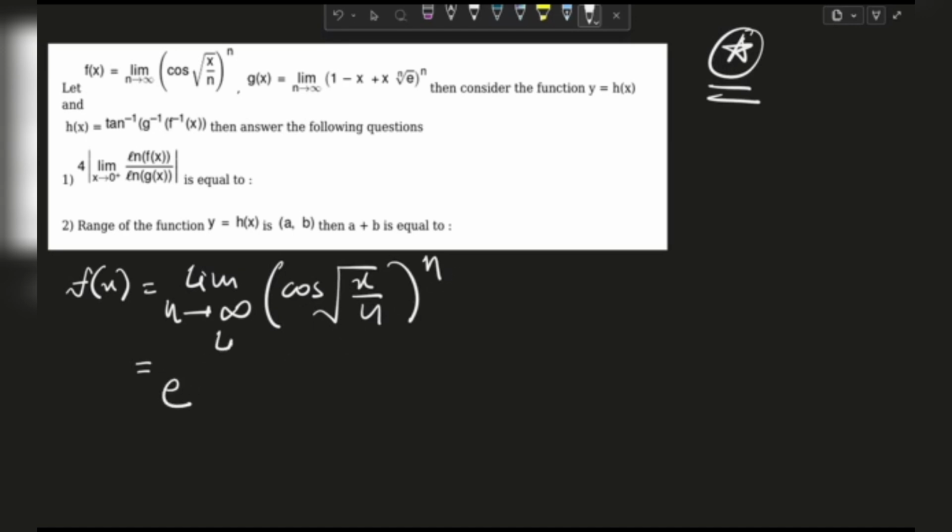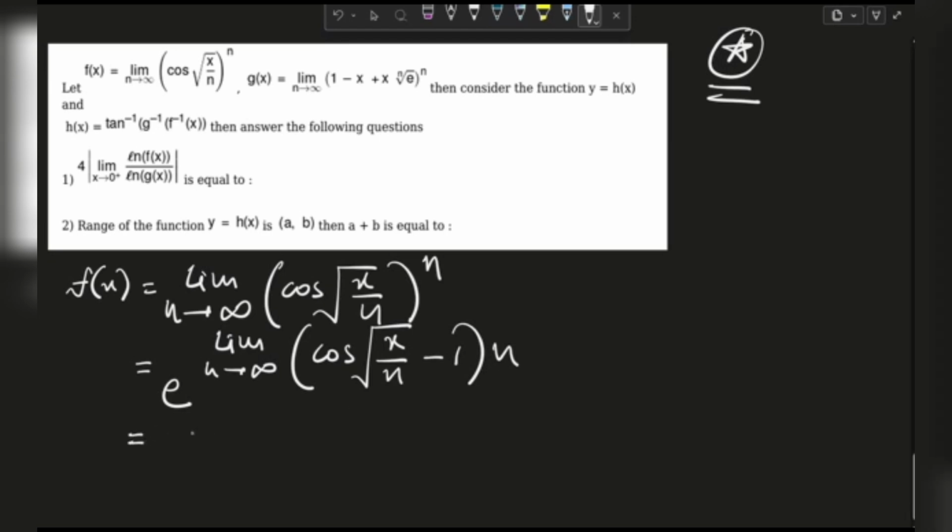So we can make this e power limit n tends to infinity of (cos root x by n minus 1), the whole multiplied by n. Now if we take the minus outside, this will become 1 minus cos root x by n, which we can write in terms of 2 sine square theta by 2, right? Because 1 minus cos theta is 2 sine square theta by 2.